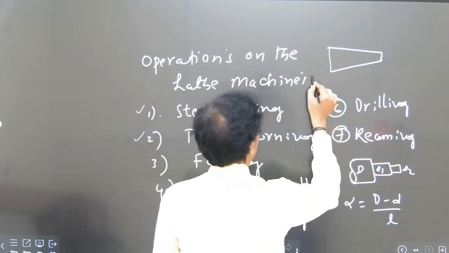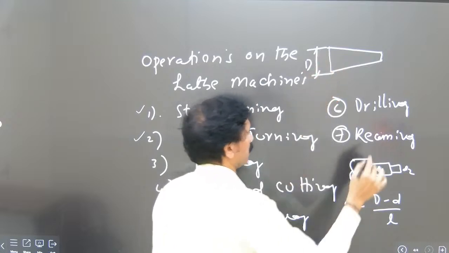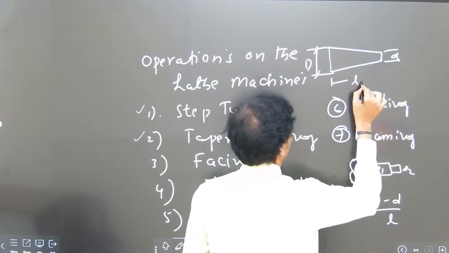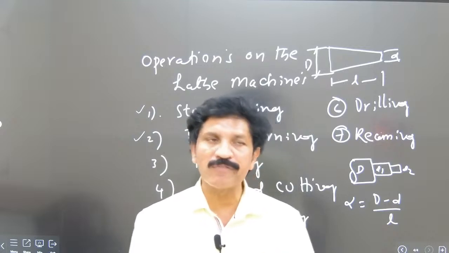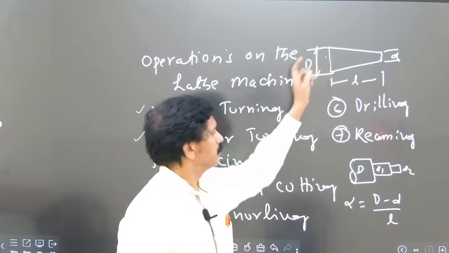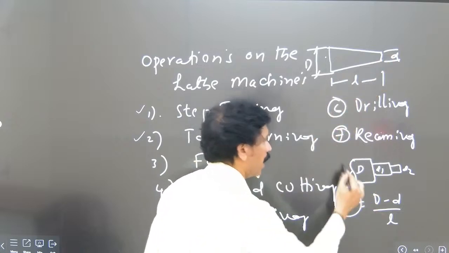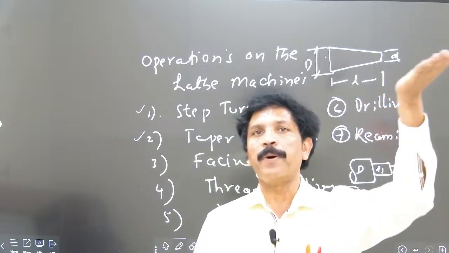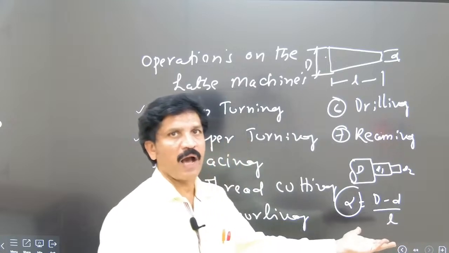This is the capital D, this is the small d, and the length of the taper is L. By using capital D, small d and L, I will get the alpha, 2 alpha meaning upper and lower.